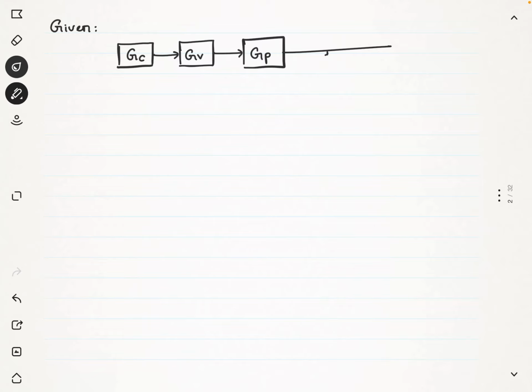So from the information given in the question, if I draw the basic layout, we have a controller transfer function, which is a PI controller, and then we have a valve, and then we have been given a process transfer function GP, and then in the question we have been given a measurement transfer function, GM.